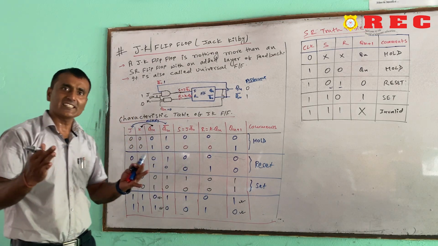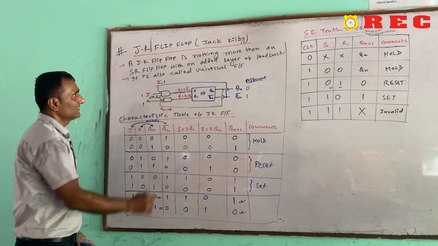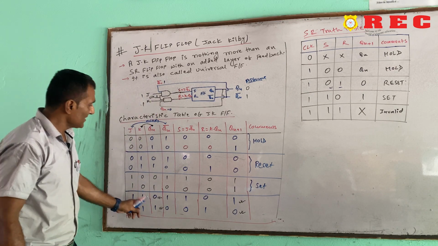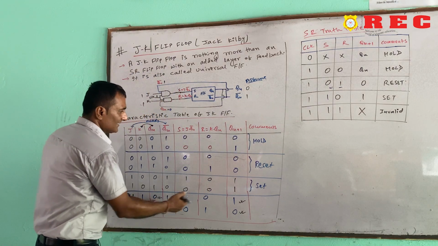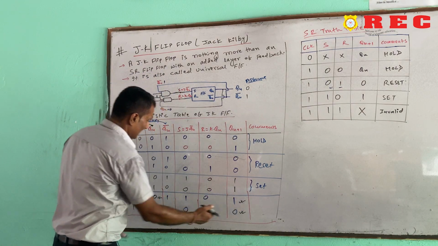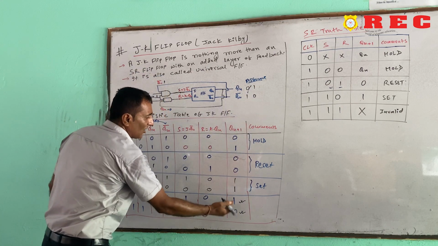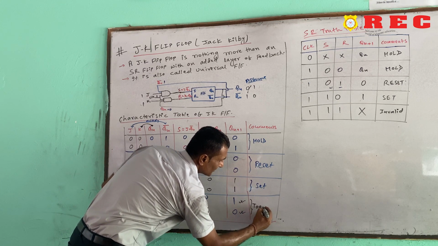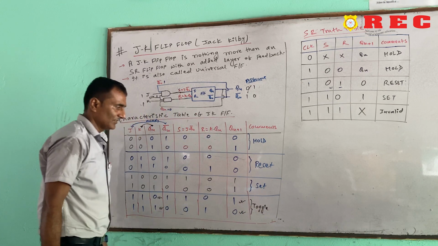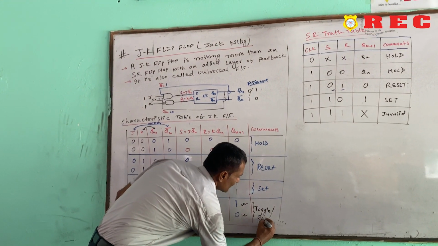So we can easily say that while J is equal to 1 and K is equal to 1, in this circuit, when the input is 0, then the next state is 1, and when it is 1, then it is 0. So the output is toggling. We can say this state is toggle.